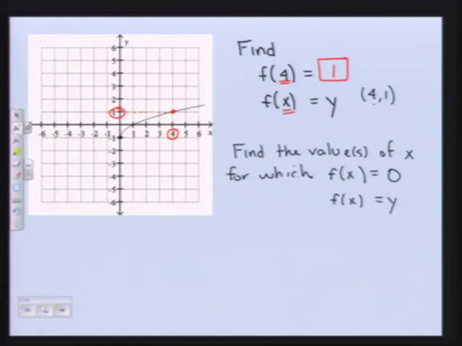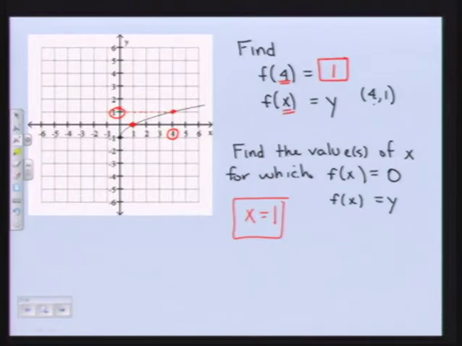So they've given me the y value of 0. So where is y 0? Well, y is always going to be 0 on the x-axis. So I'm looking to see where the graph crosses the x-axis, and that happens to be that point right there. Well, what is the corresponding x value? That corresponding x value is 1. So I would say x equals 1, and that is my answer.